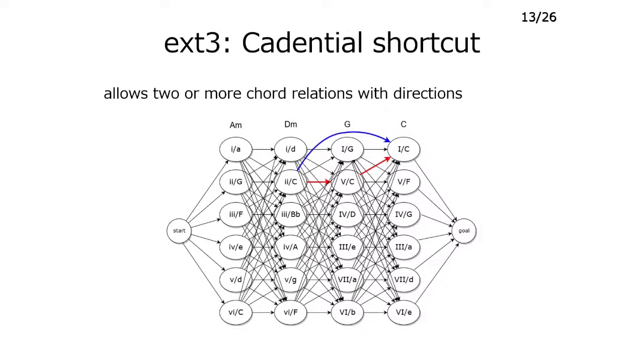This is the cadential shortcut. We search for all the cadence patterns in the graph, and for every identical pattern, we add cadential shortcuts. This modification also retains the applicability of the Viterbi algorithm to find the shortest path.